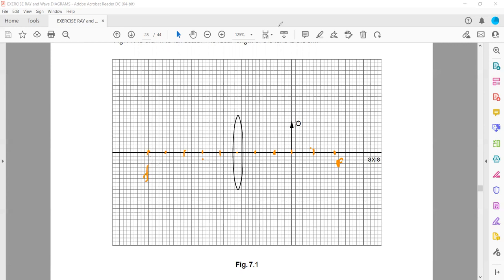So what you will do: the parallel light ray from the tip of the object will pass through the focus, and one through the center will pass straight. It's obvious that because the object is between the focus and the lens, this image won't be a real image, it will always be virtual.